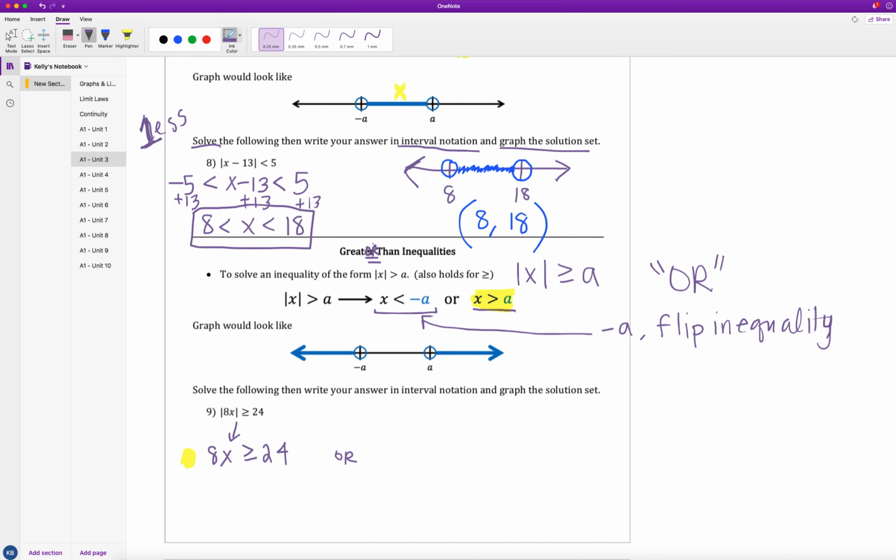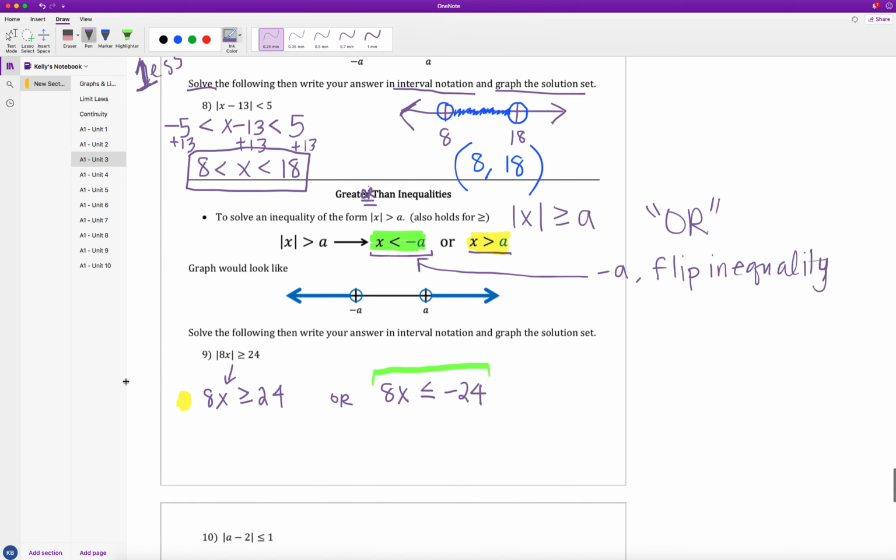So our first case is just drop the absolute values and rewrite it. So 8x greater than or equal to 24. Or the other case comes by dropping the absolute values, and then because I'm multiplying by a negative, I have to flip the inequality. So I get 8x less than or equal to negative 24. And this is going to be our second case here. I'll highlight it in green, and that's this piece right there. Now that we've broken it apart into our compound inequality, we can go ahead and solve each of these on their own like we've done in prior sections.